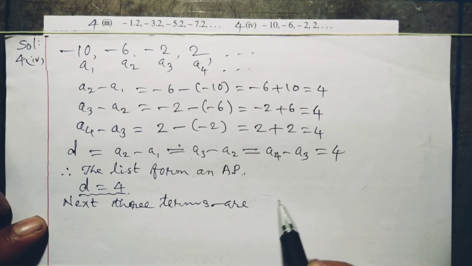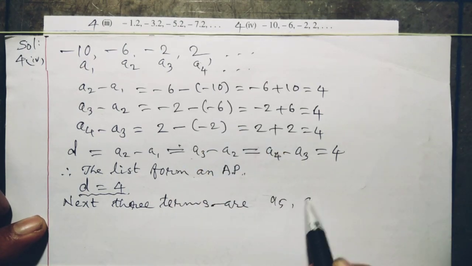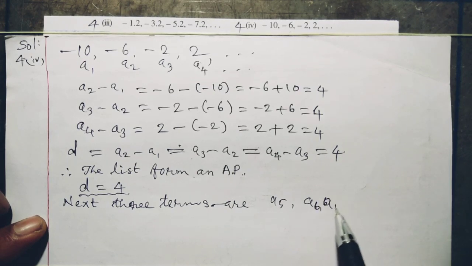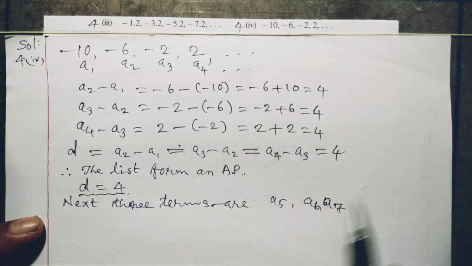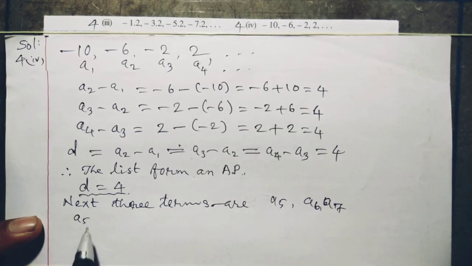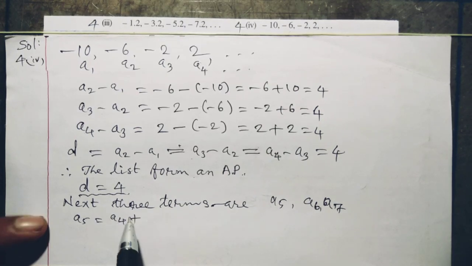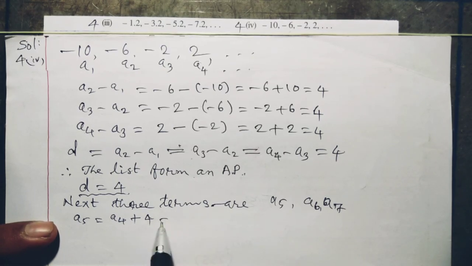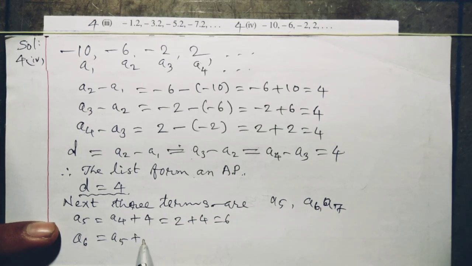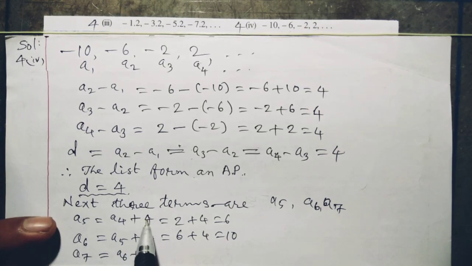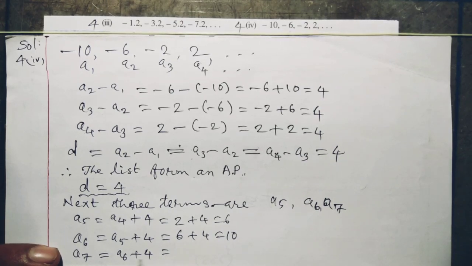Next three terms, what, a5, a6, a7, these we have to find. a5 is equal to a4 plus 4, a4 is 2, 2 plus 4, 6. a6 is a5 plus 4, 6 plus 4, 10. a7 is a6 plus, this is common difference 4, 10 plus 4, 14.